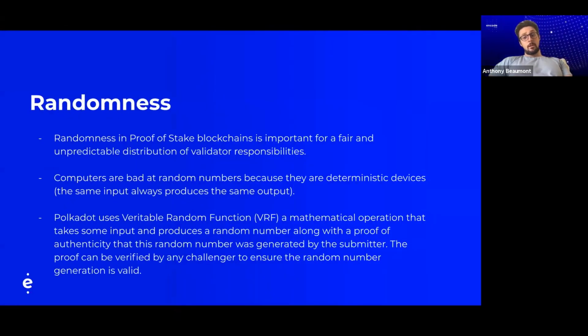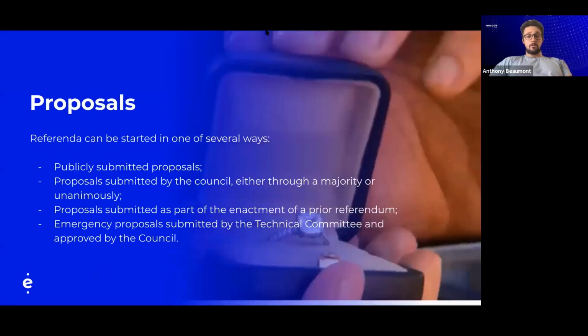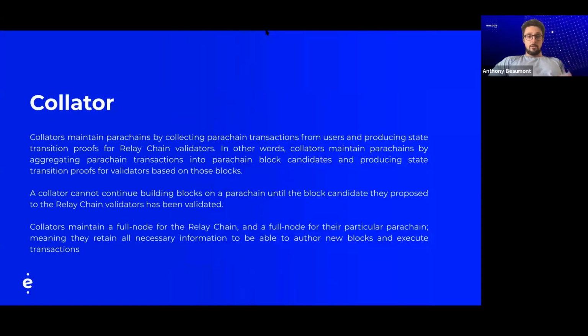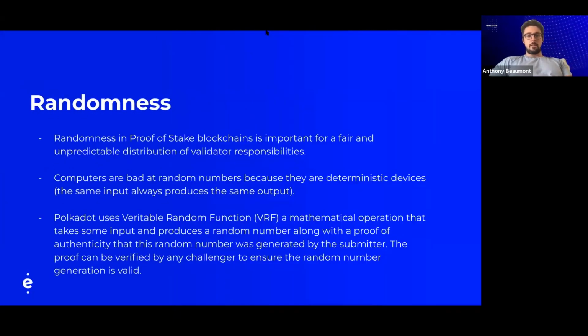Another cool thing in Polkadot, which some of you haven't known, as we talked about BABE earlier, is that you need randomness to be able to assign, because you want to randomly assign who gets rewards at any time. And randomness is important, and it's hard for computers to do randomness, as some of you may know, because computers are deterministic.